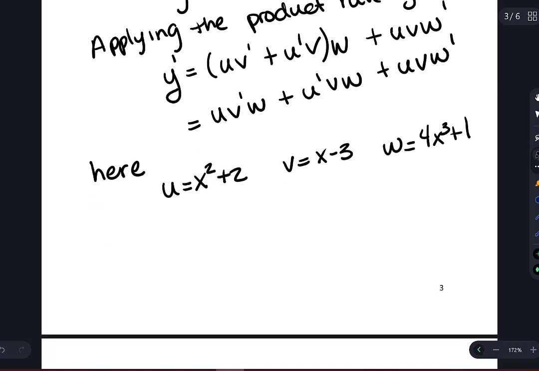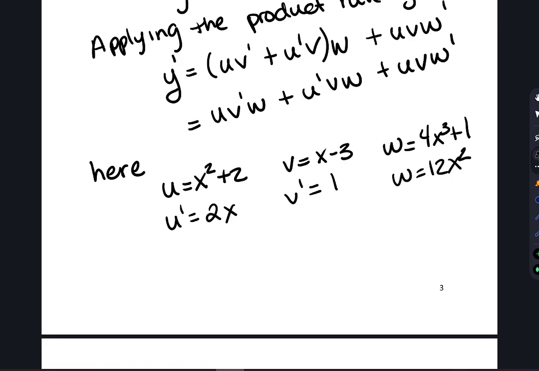We could find the derivative of each of these. And then to find y prime, we could just use this piece right here and plug those values in. And again, I'll let you do that on your own.